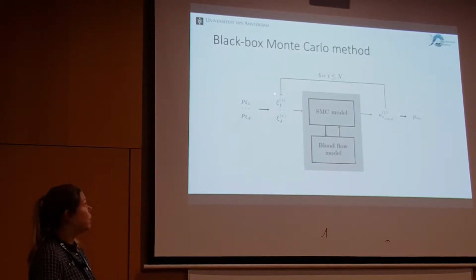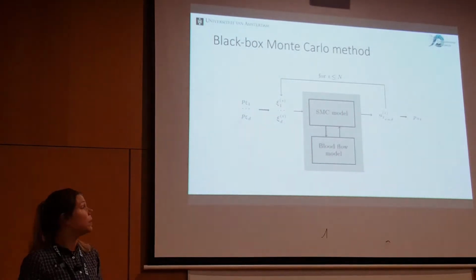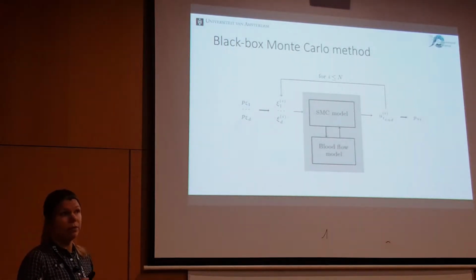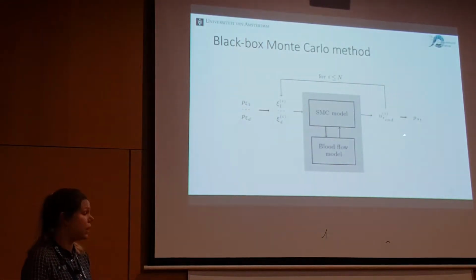We sample a value for each input, run our multiscale model as a black box and receive our output of interest. We repeat the simulation with different inputs n times, and then using the n samples, we are able to approximate the probability density function, mean, and variance of our quantity of interest.